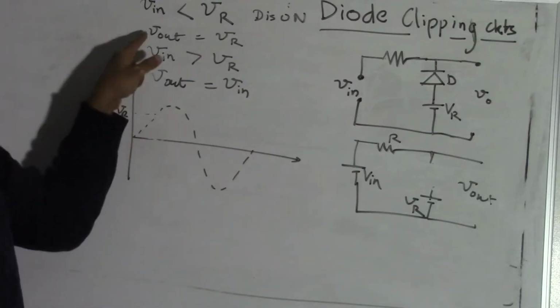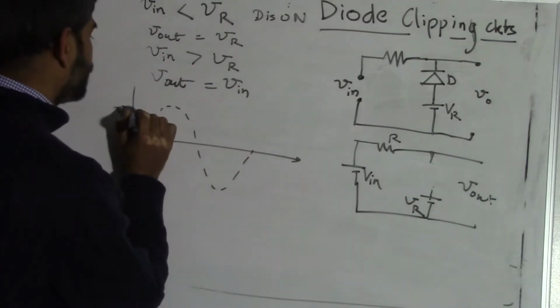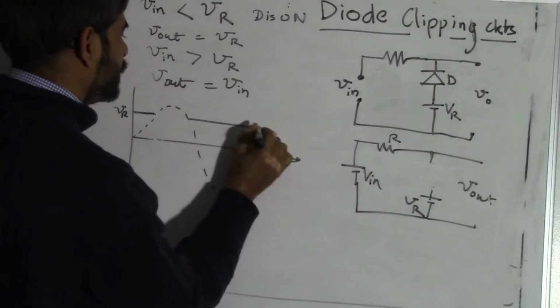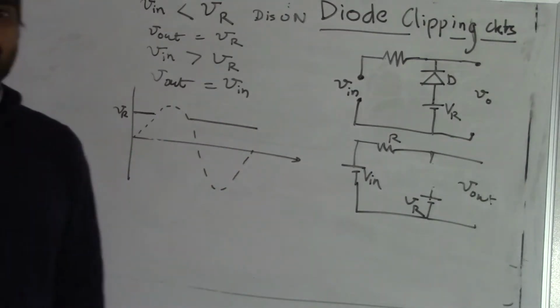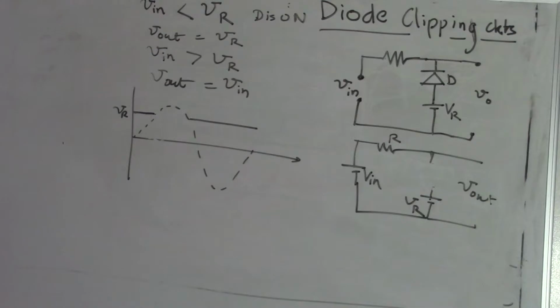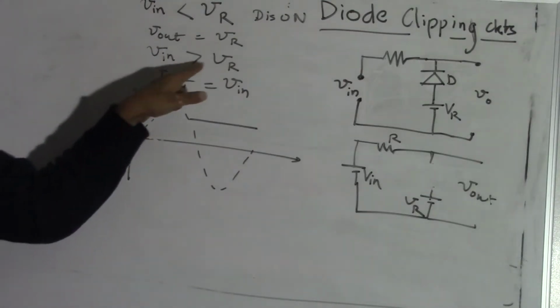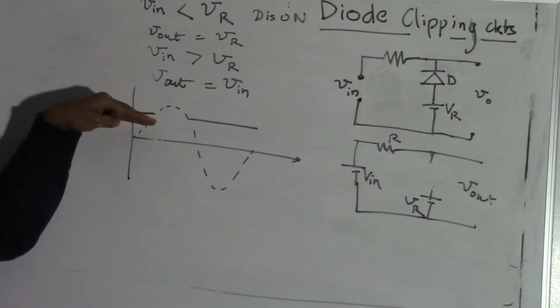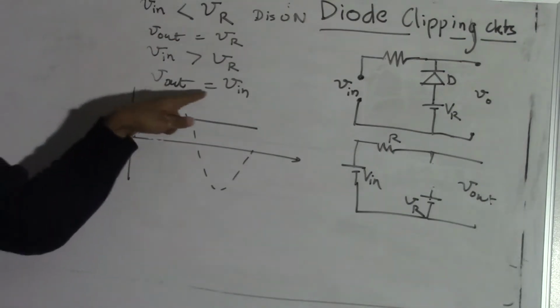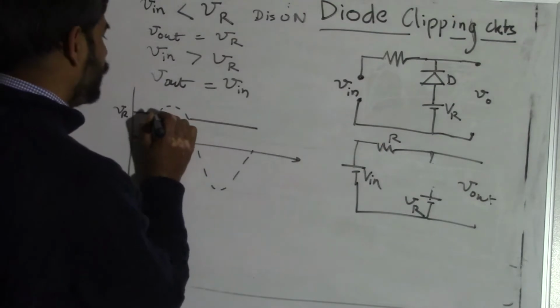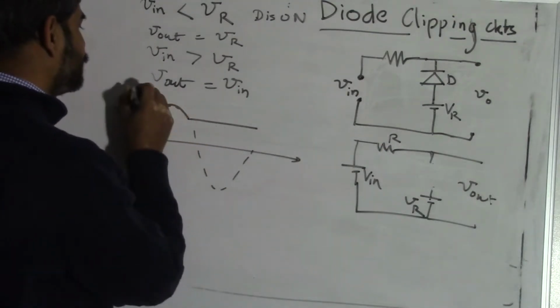In these conditions, V out is VR. That means we have this. When V in is greater than VR, our output voltage follows the input voltage, like this.